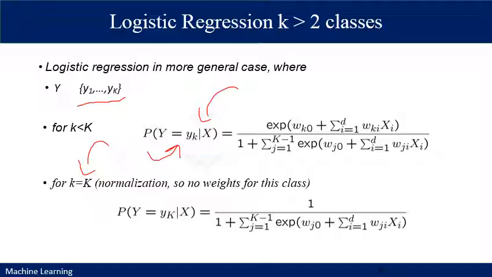This final normalized exponential is also known as the softmax function. It represents a smooth version of the max function.